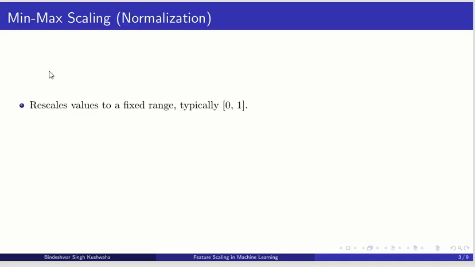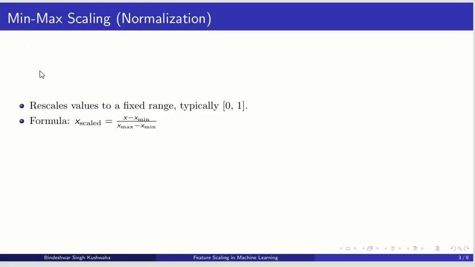So let us understand min-max scaling, also called normalization. It rescales values to a fixed range between 0 and 1. The formula is x minus minimum, divided by the difference of maximum minus minimum.